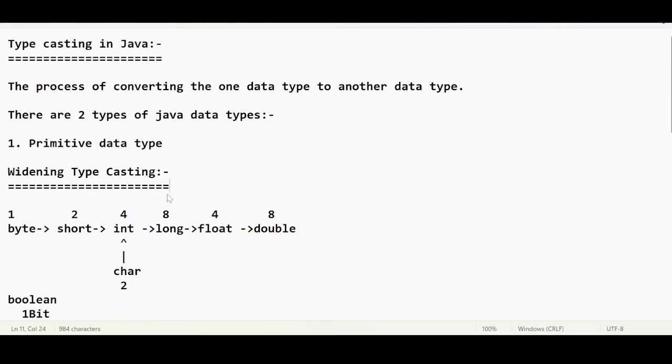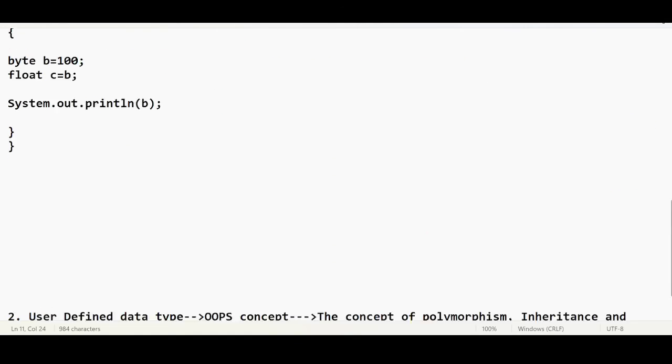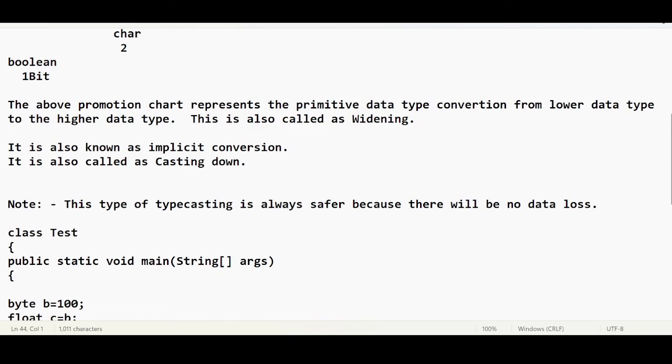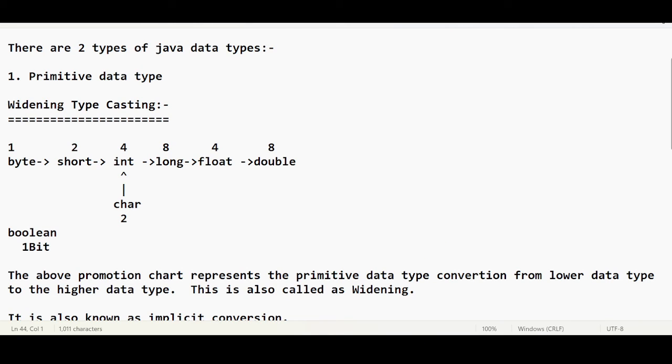I need more attention from you to understand this narrowing typecasting. It is not going to talk about promotion, it is going to talk about depromotion, meaning just the opposite: converting from a higher data type to a lower data type.